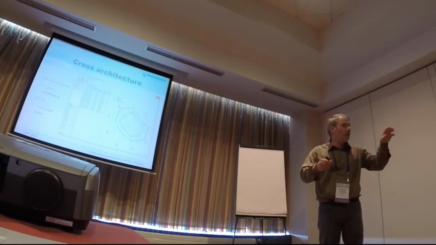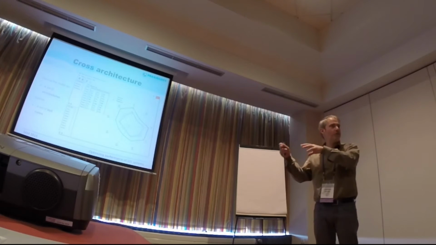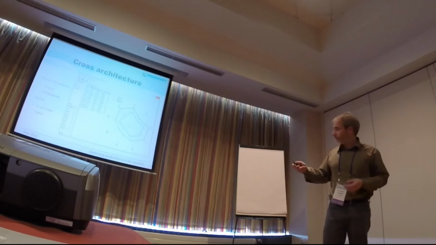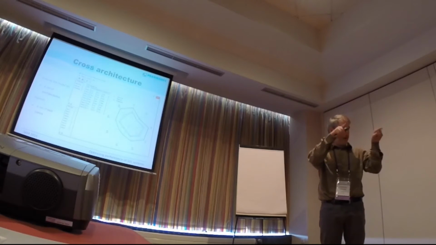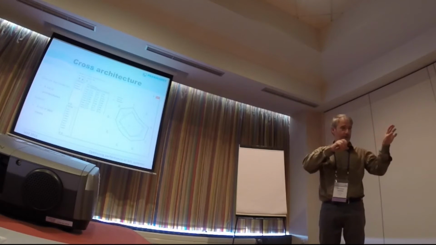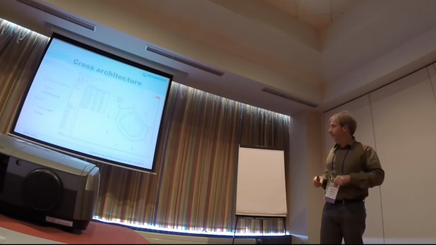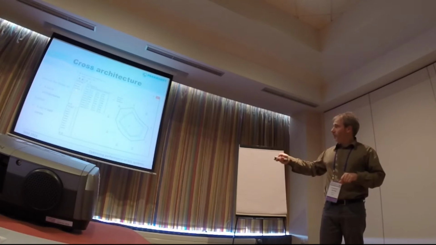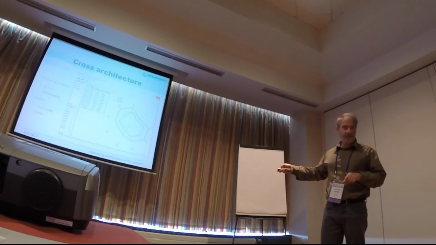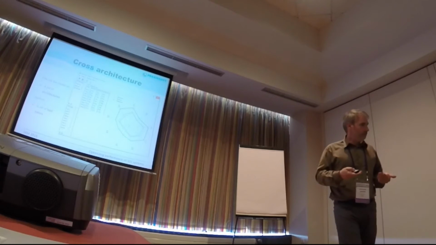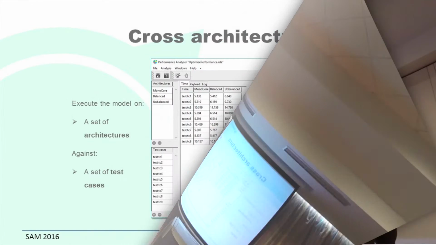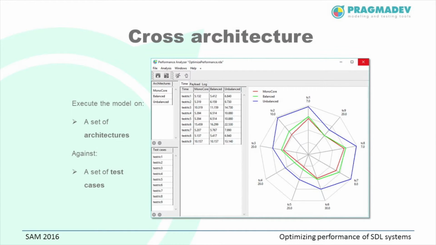You have a monocore, dual core, quad core, and so on, maybe different machines, with different timing information. Maybe this core is going faster than this one, and so on. So you list all the architectures you want to explore. Then you list all the test cases you want to execute on the system. Okay? And it will run all the test cases against all the architectures.